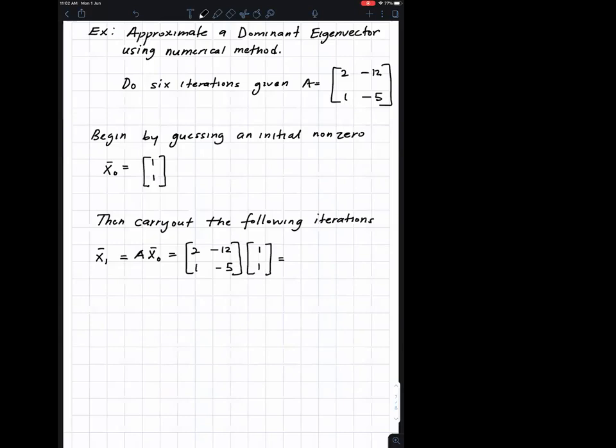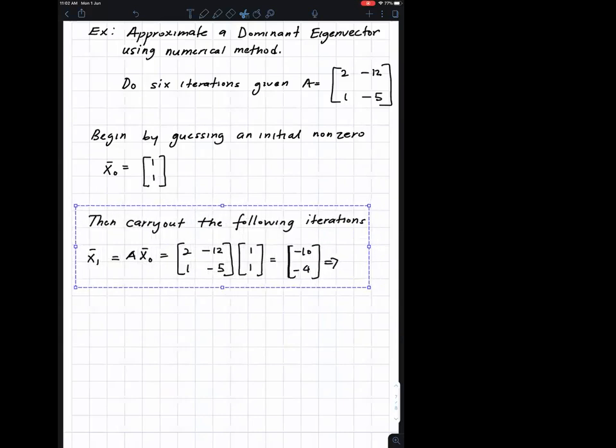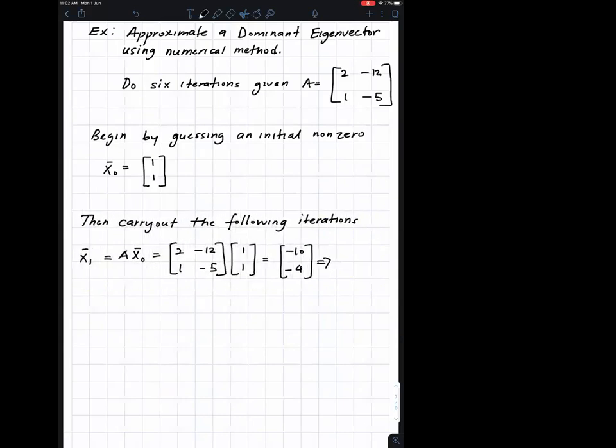That's going to give you [-10, -4]. In this class, you have to know how to do simple matrix operations quickly.